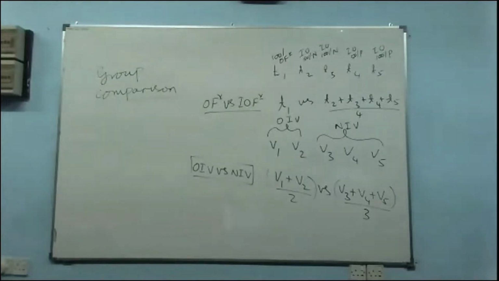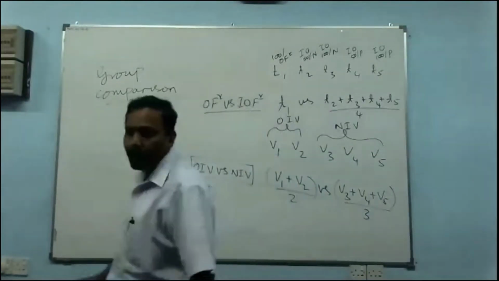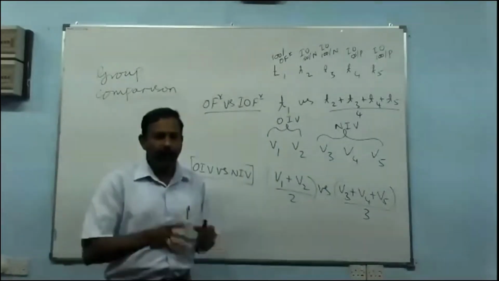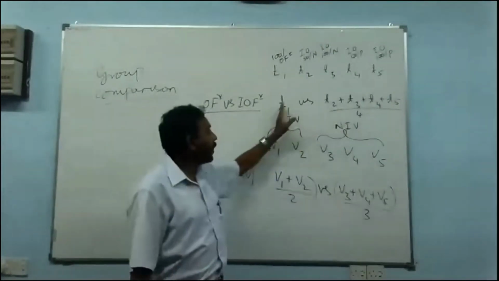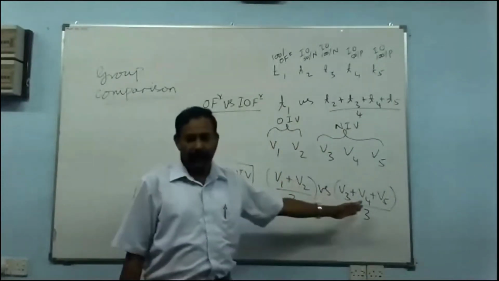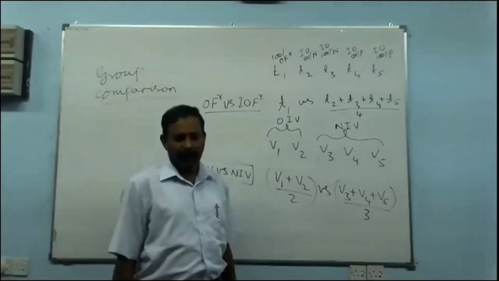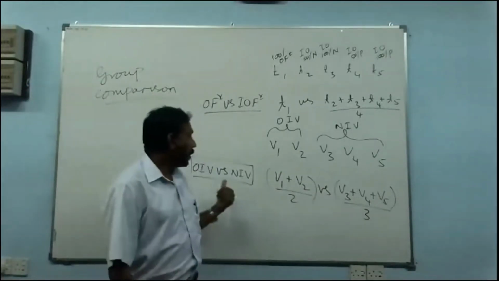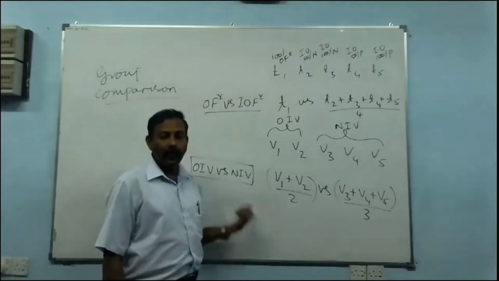Okay. Group comparison. So we are going to compare groups. At a time we consider groups. So you see, this is one setup: T1 versus the rest. Here V1, V2 versus the rest. So we can have any kind of comparison for the group comparison. Keep in mind, this group comparison is called orthogonal comparison.